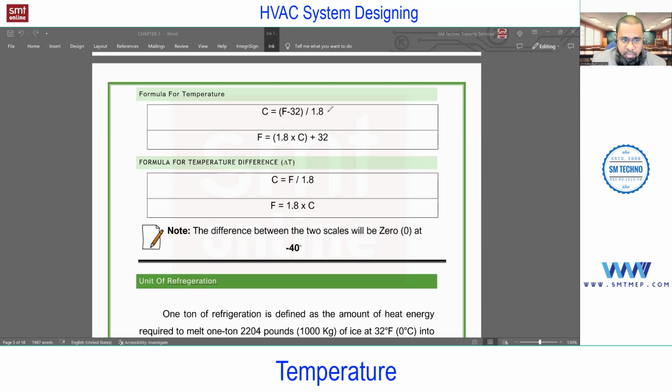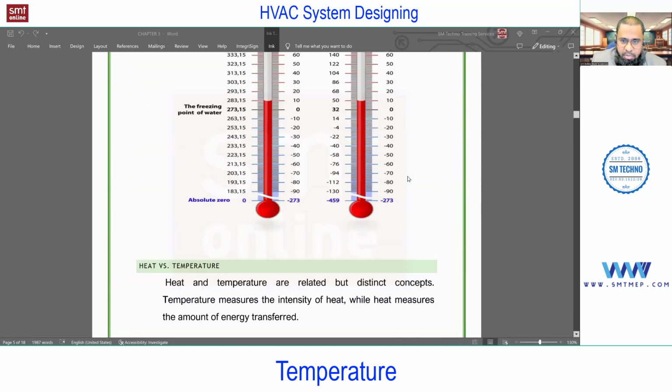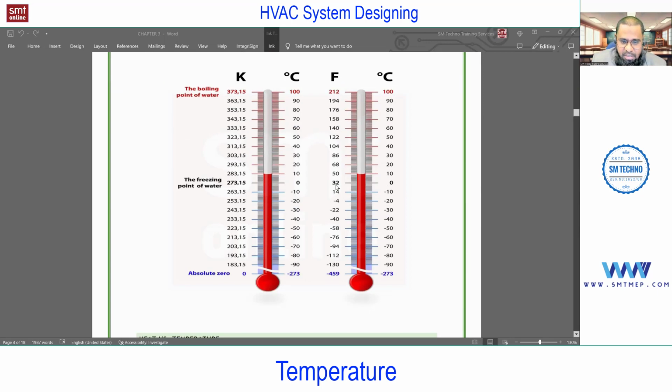This is very important. So remember, C equals (F minus 32) by 1.8. So here F minus 32. Why are we subtracting 32 to get centigrade? Because this is 0 and this is 32 now. So this is the first reason.